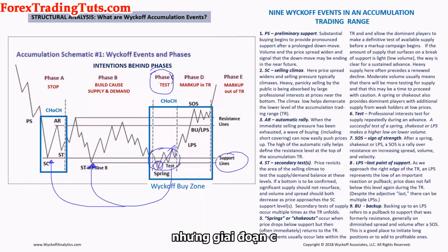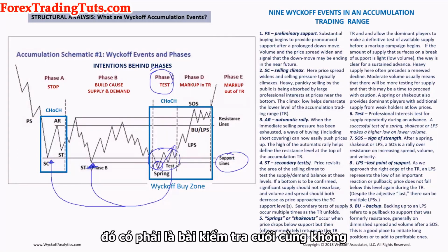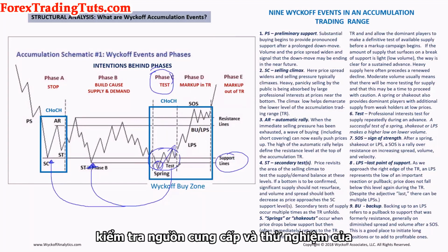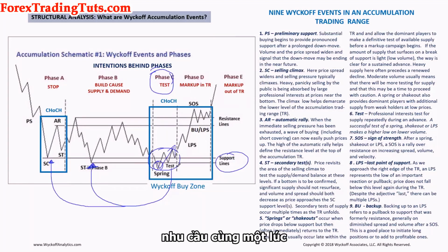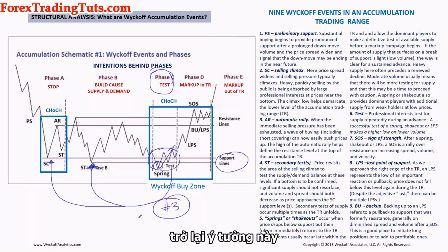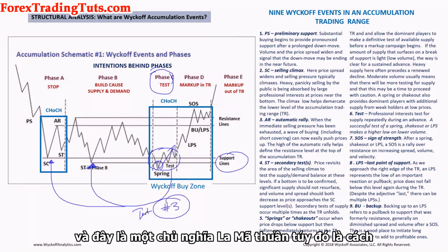But phase C is that last test at the level of the support. This is the test of the supply and the test of the demand at the same time. And this is test number 3. I will come back to this idea. And this is a pure Romanism. That's how students call this.